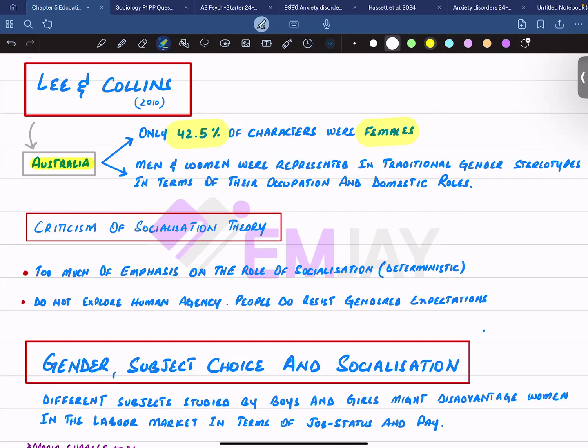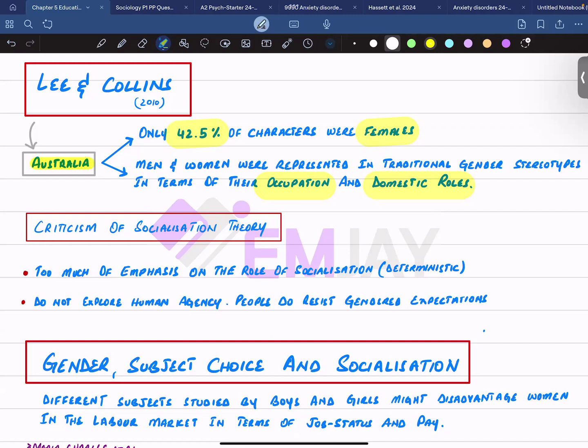Men and women were represented in traditional gender stereotypes in terms of their occupation and domestic roles both. So we're talking about 2 different dimensions over here. Number 1, domestic roles. Number 2, occupation. Yes, they go hand in hand, they are linked to each other, but nonetheless, it is important that we understand that the study conducted by Lee and Collins in the year 2010 was based on Australian textbooks.